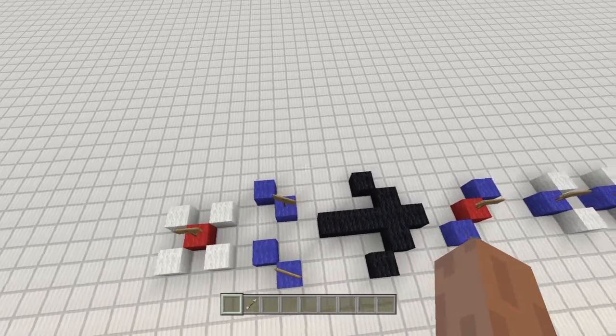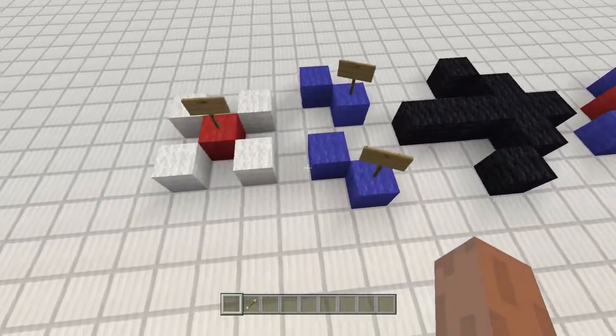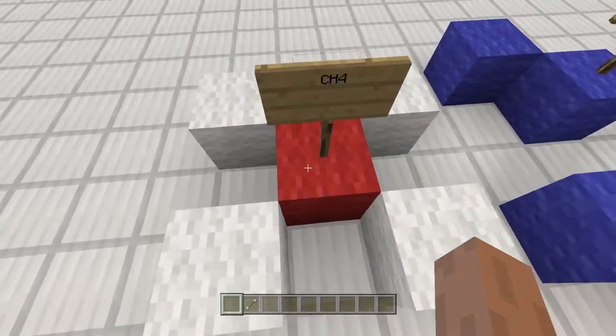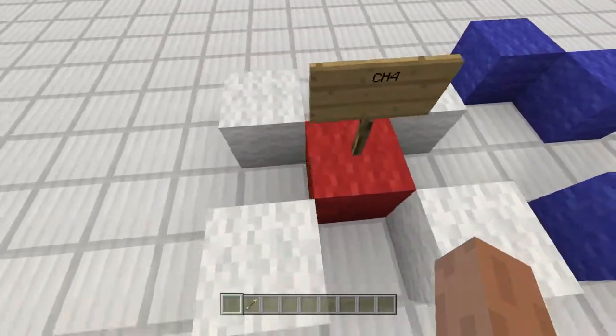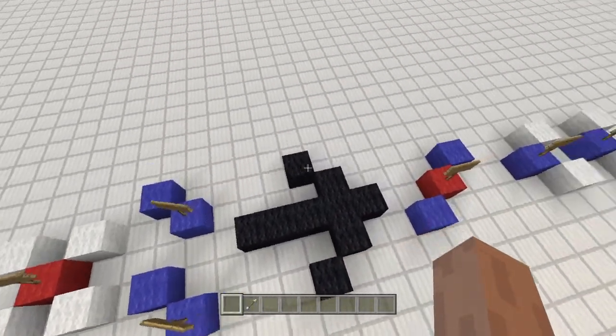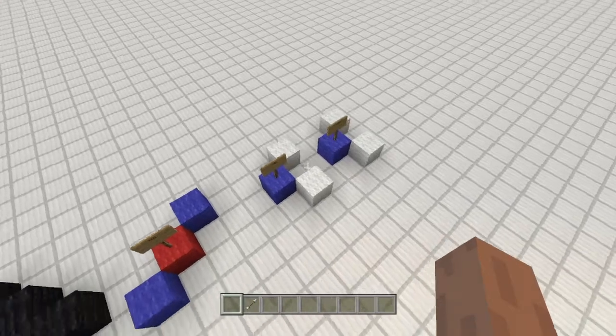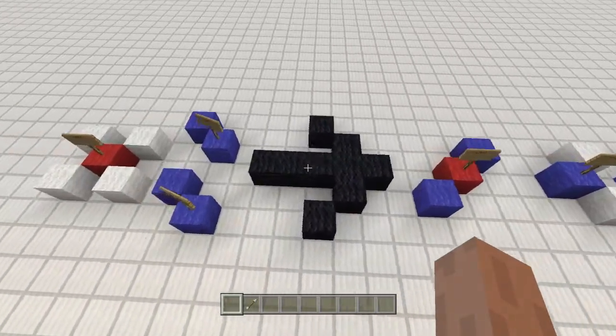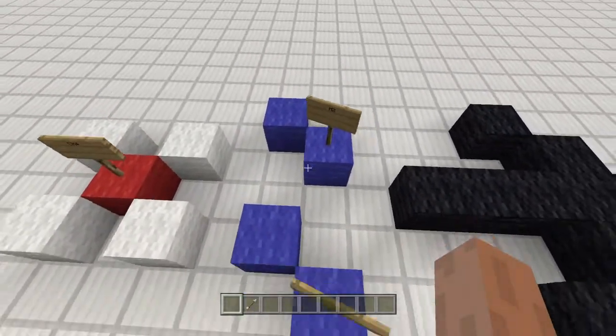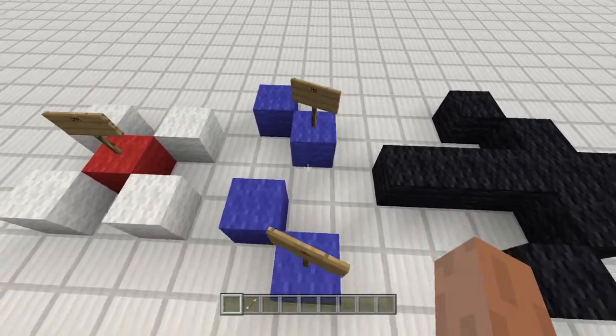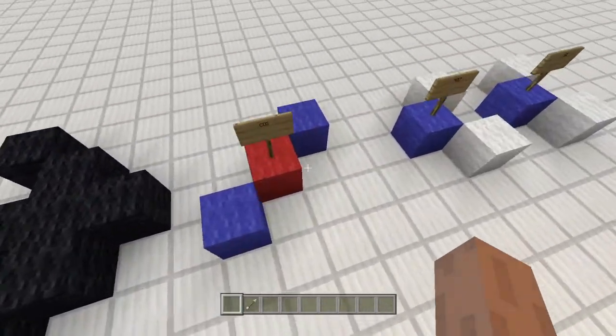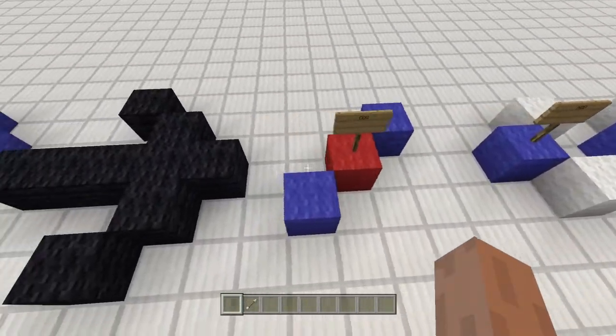Now, we have two reds on both sides, and white is H, so this is our CH4 going on right here. We also have 4H going on over here. We have 4 O's on this side, or 2O2. We also have 4O on this side.